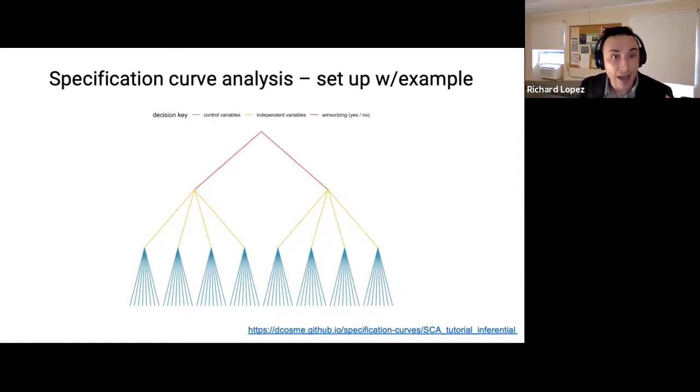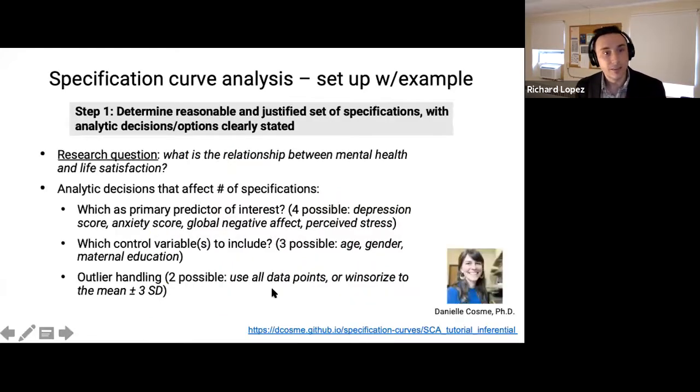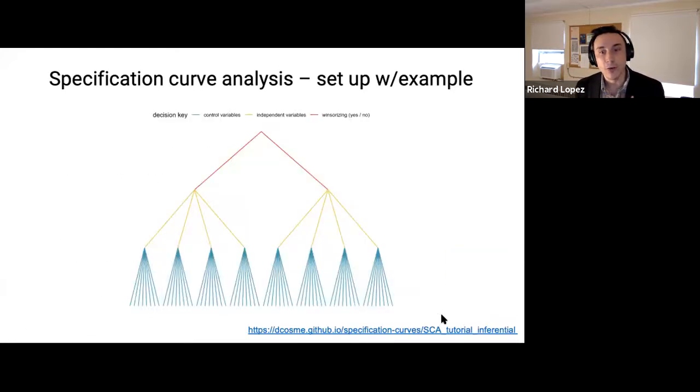Because you either Winsorize the data or not. Which of the predictor variables are you going to use as your primary predictor variable? And then in each of those models, which sets of control variables or covariates will you use? So this is just the visualization of this, laying out the total possible numbers.